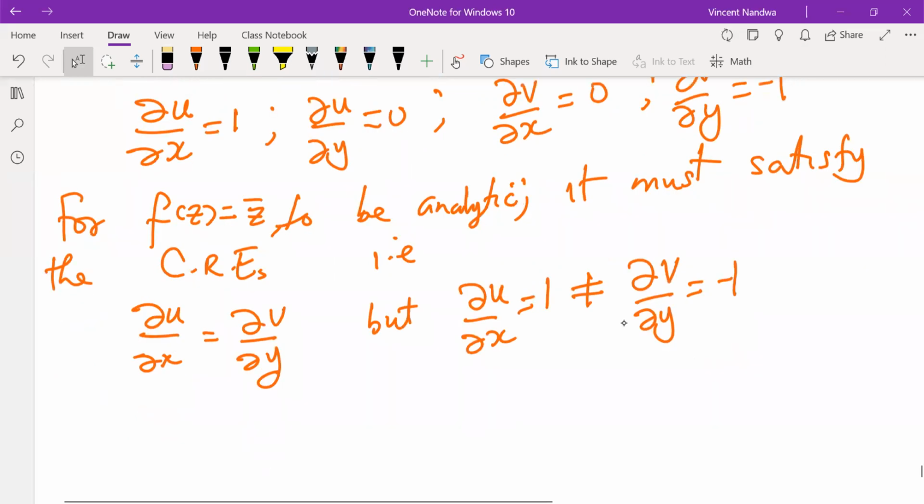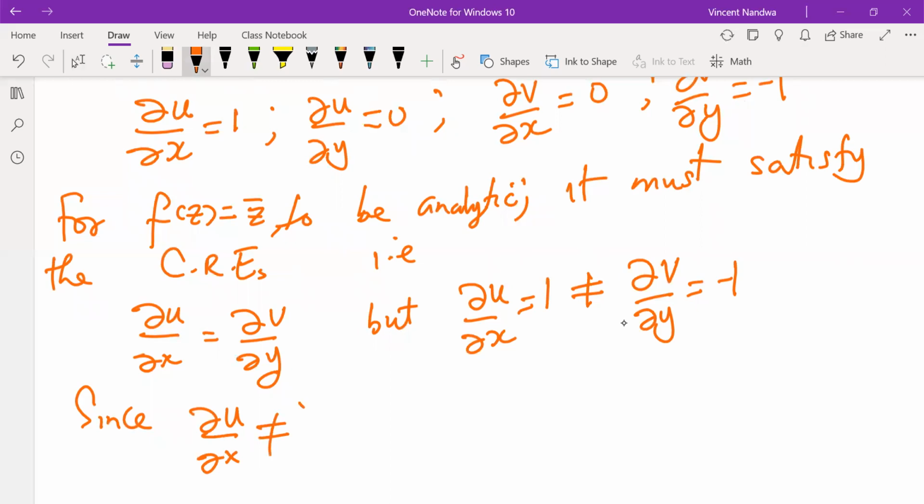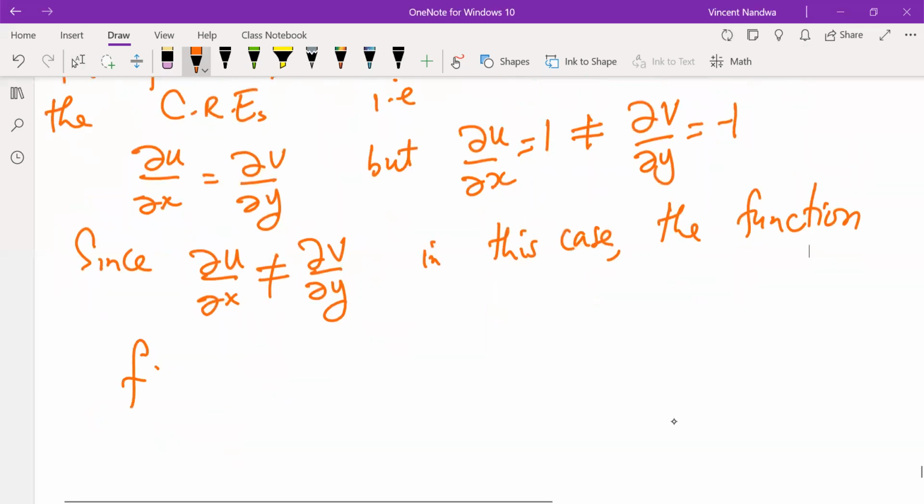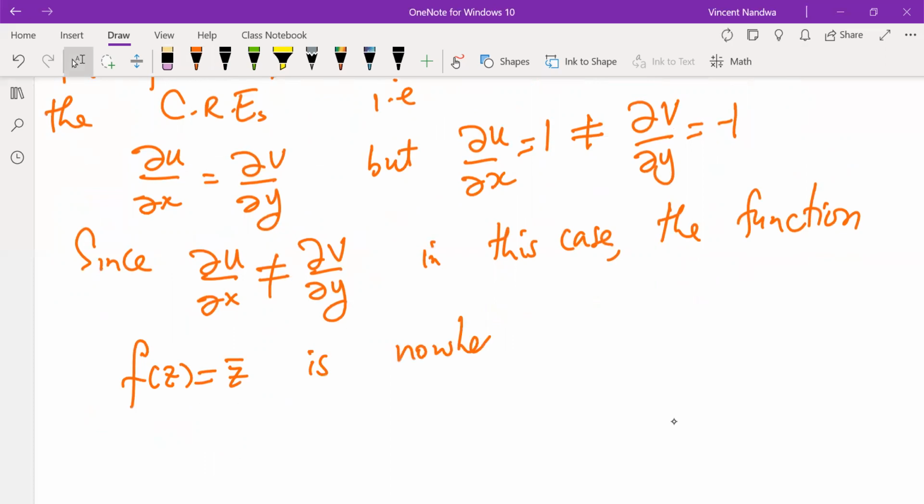So immediately if any of the two equations is not satisfied, then the analyticity property fails. So since partial u, partial x is not equal to partial v, partial y, the function f of z equals the conjugate of z is nowhere analytic and nowhere differentiable.